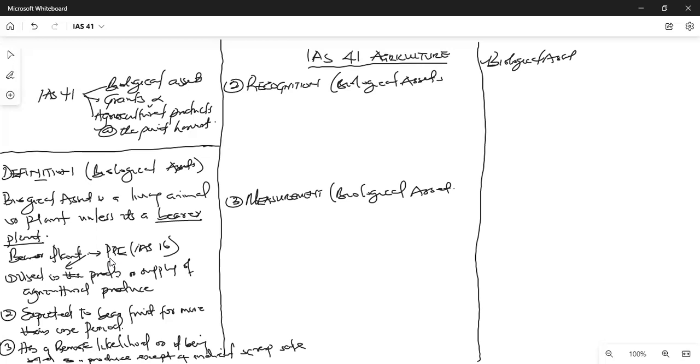And number two, is expected to bear fruit for more than one period. Another thing you are supposed to know is that management has no intention of actually selling that biological asset unless they are just selling it as scrap. Okay.